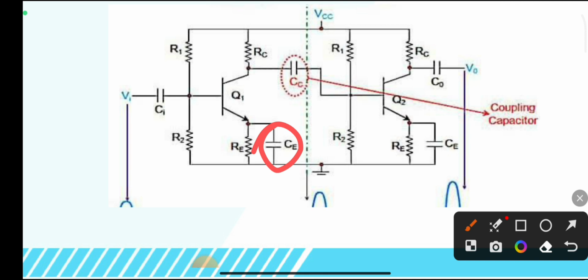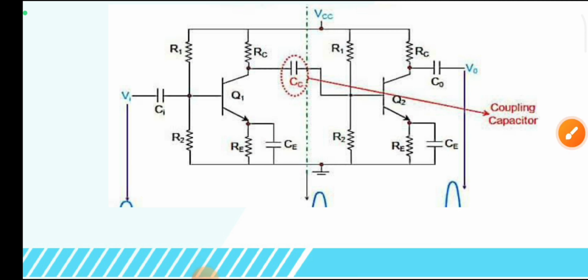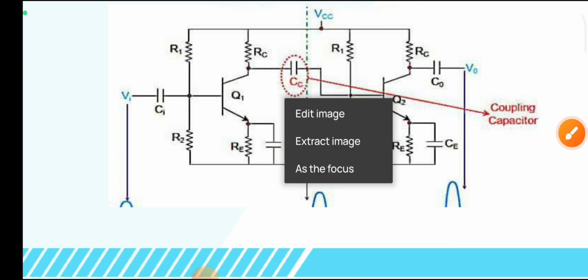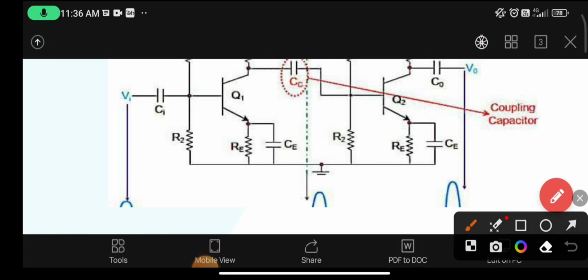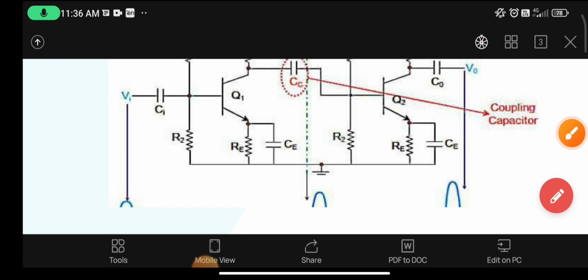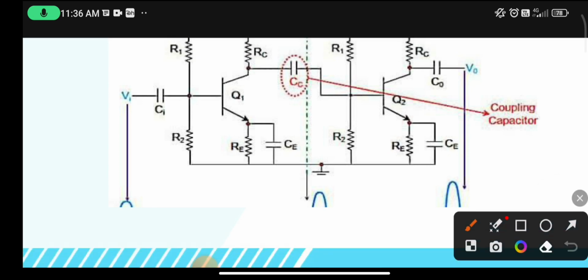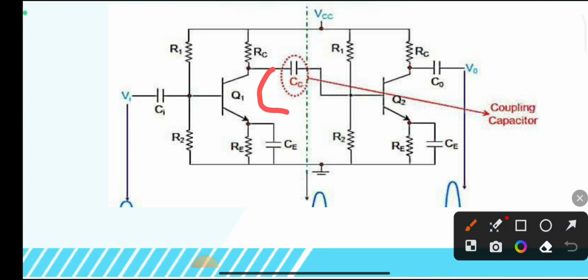Because of this, the AC component of the current flows in this path, so all the AC current is bypassed towards the ground.